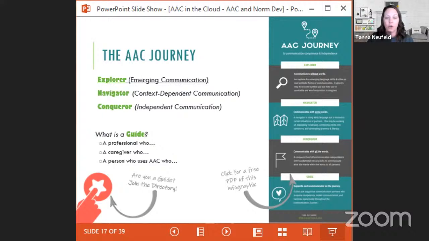My AAC journey spin on this framework really is only about developmental populations. And so we're going to talk about explorers being those emerging communicators, navigators being those context-dependent communicators, and conquerors being those independent communicators. And we're not going to talk a lot about conquerors today because we're talking about these children who have not yet reached communicative independence.